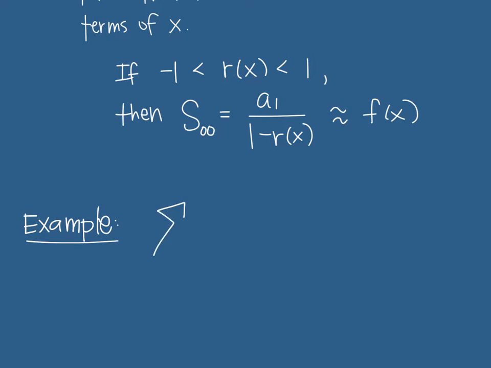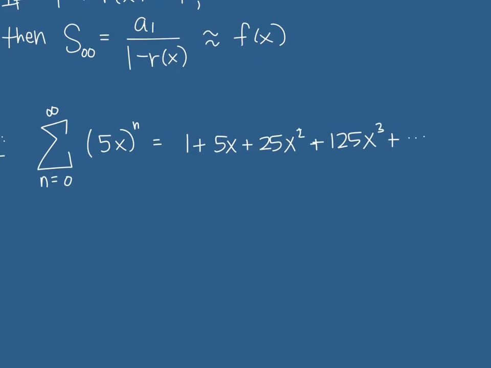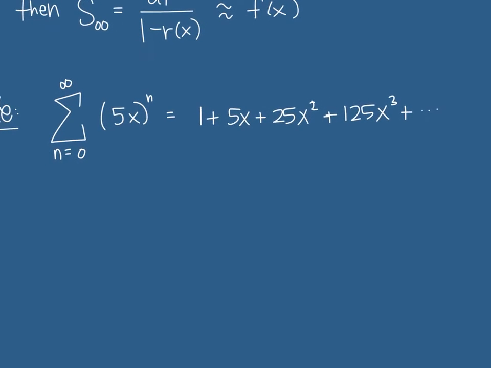So here is a geometric power series. If n starts at 0 and goes to infinity, and we have 5x to the n, our exploration leads us to terms that are 1 plus 5x plus 25x squared plus 125x cubed, etc. We can identify that the ratio, the r dependent on x here, is the multiplier 5x.